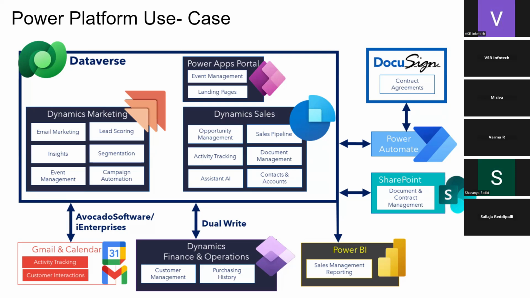All these things will come into your second part. Now, through this Power Apps portal, you will create all your front-end applications. Understood? From here, you also need some tools for your marketing and sales.